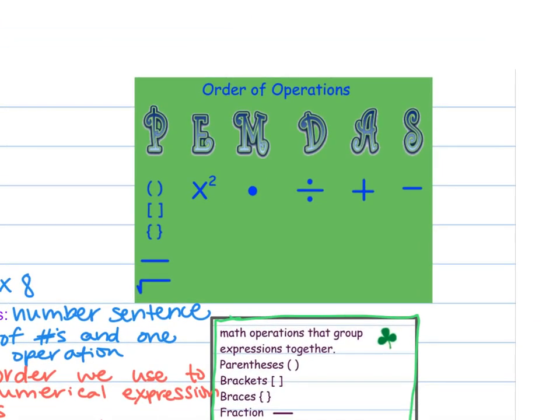Really quickly, PEMDAS. This is the order that we use, like I said, to solve expressions. The P stands for parentheses or any of these grouping symbols. E, you then do any of the exponents. Then you do multiplication and division, actually, and this works left to right. And then you do addition and subtraction working left to right, just like how you would read a book.